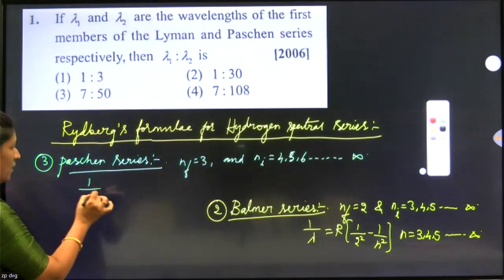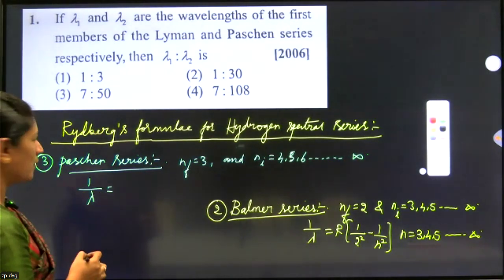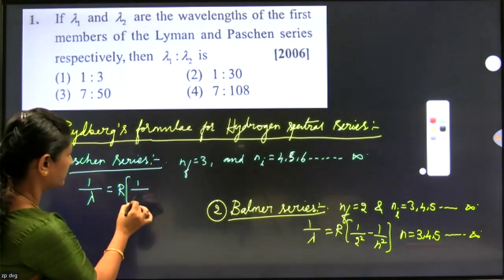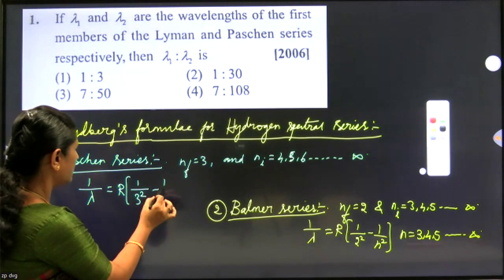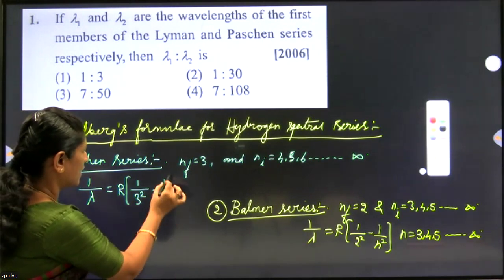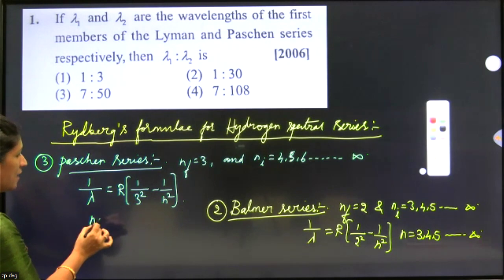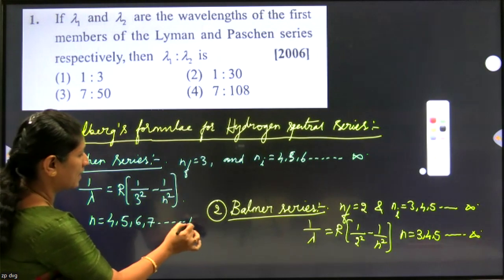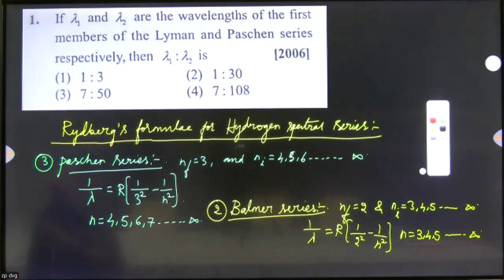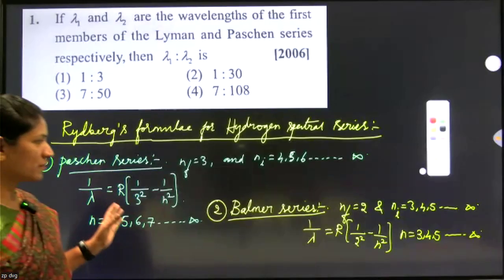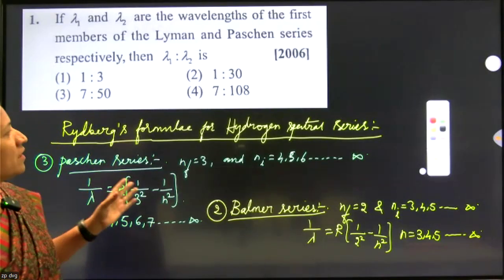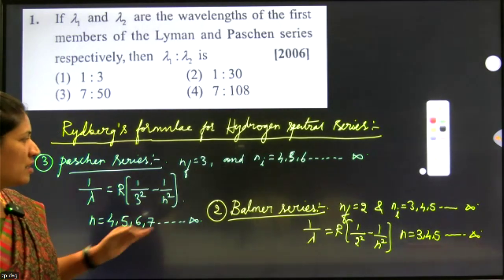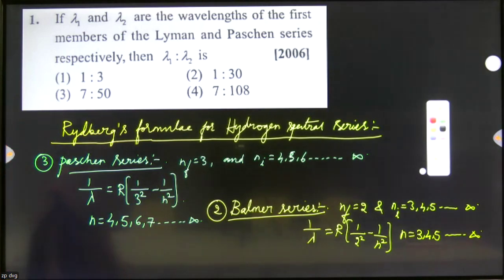Its wavelength is given by 1 by lambda equal to R into 1 by 3 square minus 1 by n square. Here, n is equal to 4, 5, 6, 7, etc. up to infinity. These are the wavelengths of hydrogen spectral series: Lyman series, Balmer series, and Paschen series.